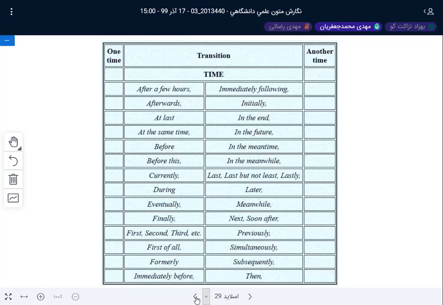Time: after a few hours, immediately following, afterwards, initially, at least, at last, in the end, at the same time, in the future, before, in the meantime, before this, meanwhile. They're not roughly synonymous. These are different time expressions.